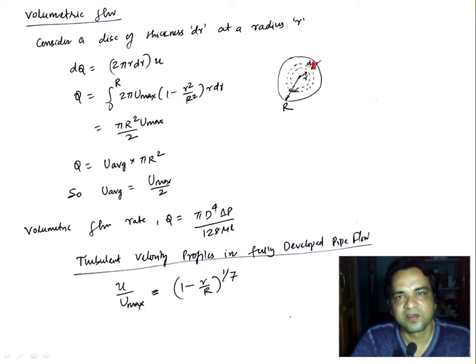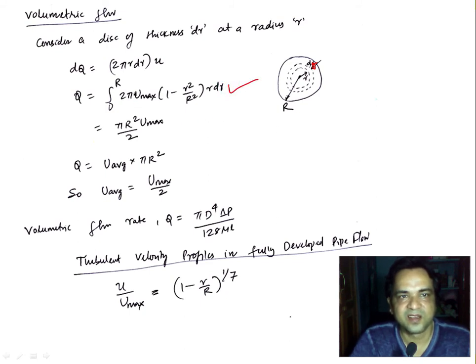What will be the small area through which flow takes place? It is 2 pi r into dr. This small area into the velocity u will give you the flow rate through that small area. If you integrate over the cross section, we will get the total flow rate.